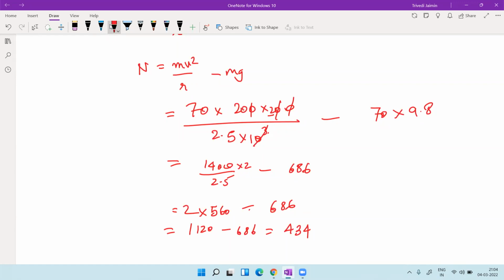Let me use calculator. 70 into 200 into 200. Sir, you won't get decimals, sir. Then my book says decimals.